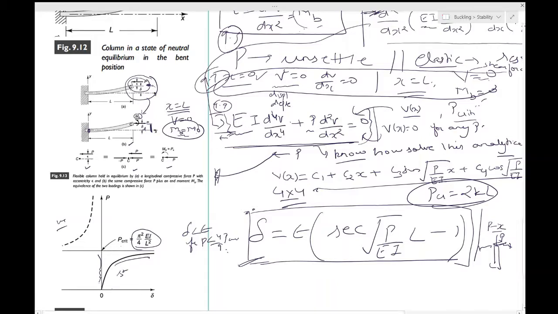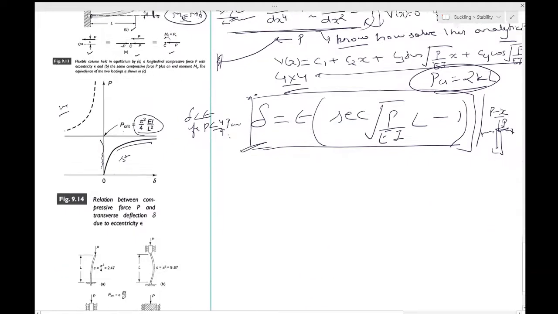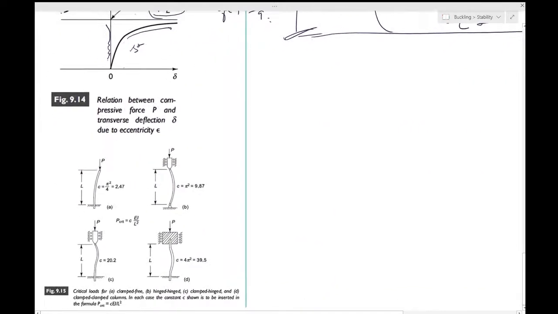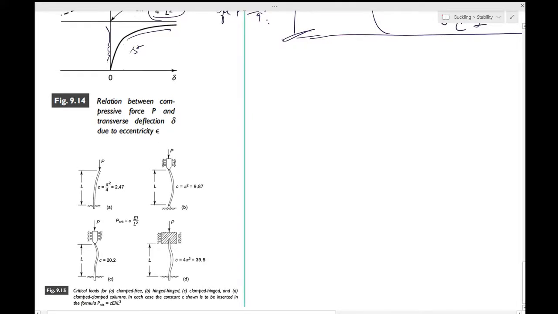Now, the critical load of a column is quite sensitive to the nature of the supports at the ends of the column. So, I think we are discussing this over here. We have taken a case in which P was coming down like this.